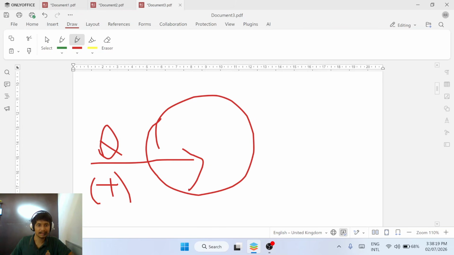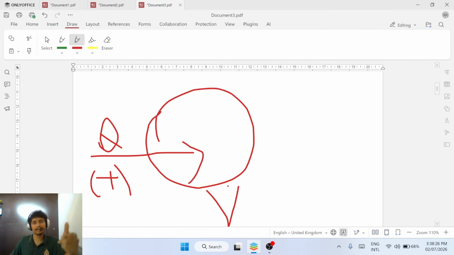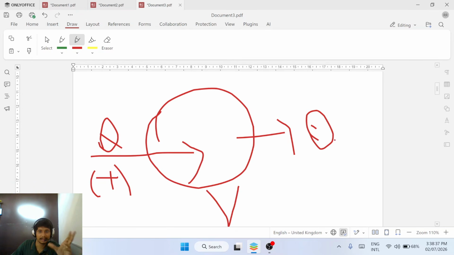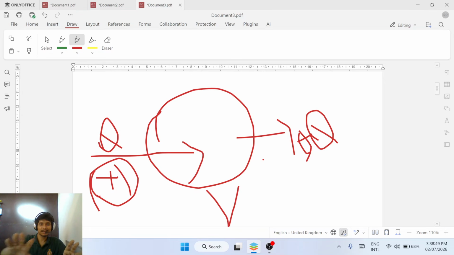Assume the volume of the container system is V. If energy is released from the system, that is minus Q. Don't get confused when we do the questions.